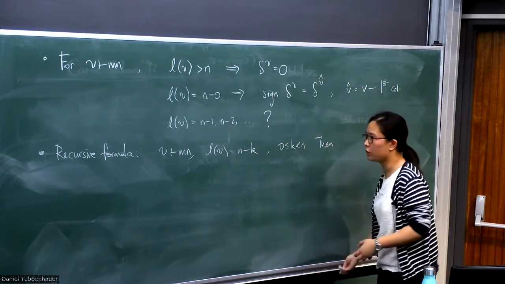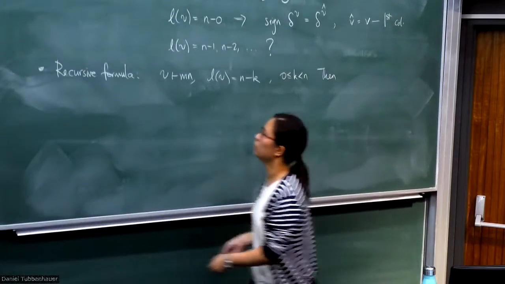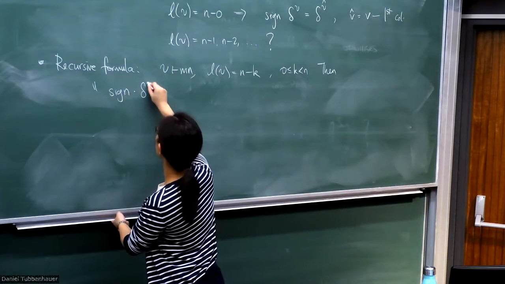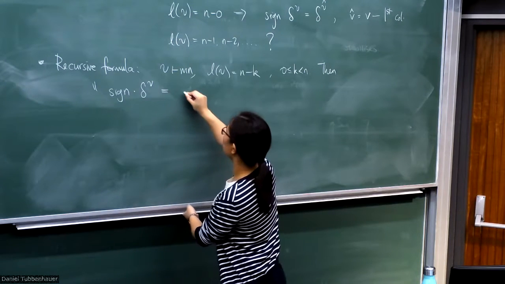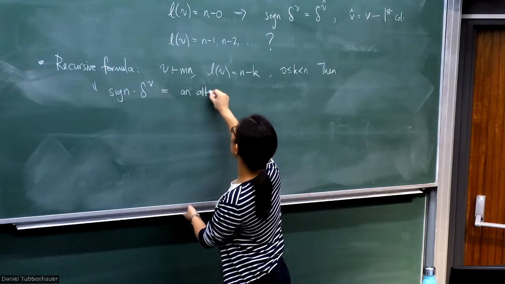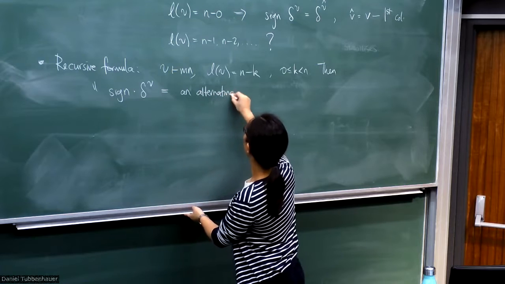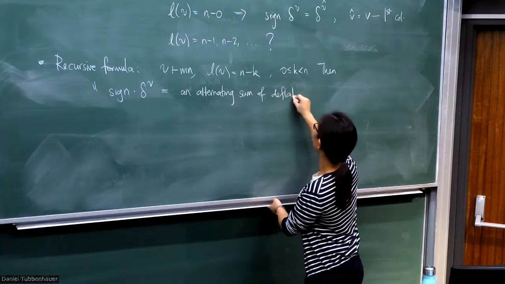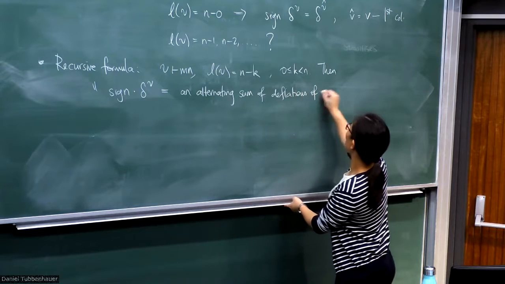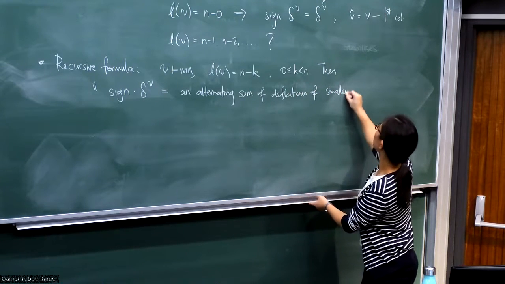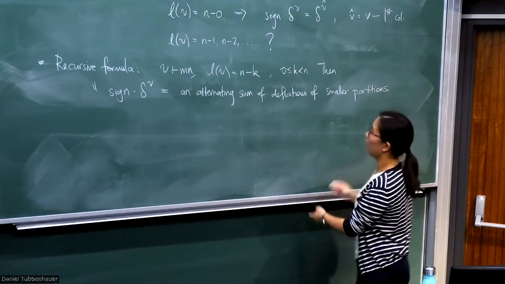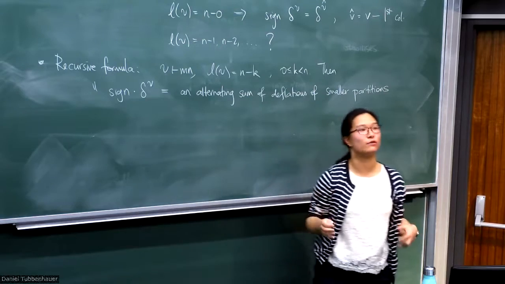Then, quote unquote, sine times the deflation of nu is some alternating sum of deflations on smaller partitions, which you probably expected from the recursive nature.